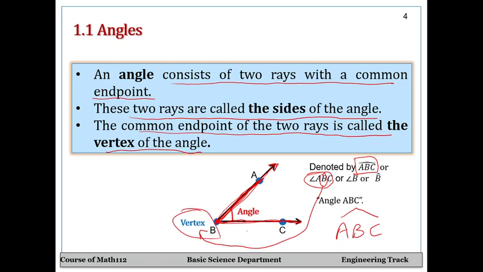So it says B is the vertex here. Or sometimes we use angle B, or the hat. A triangular hat is also used, or we say angle ABC or angle B. So these are different notations you might see in the books about angles.